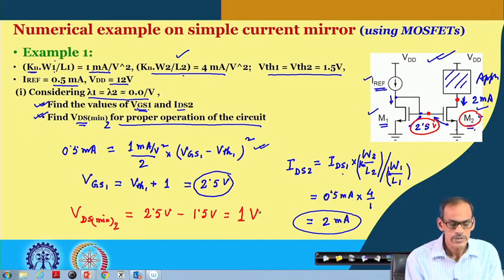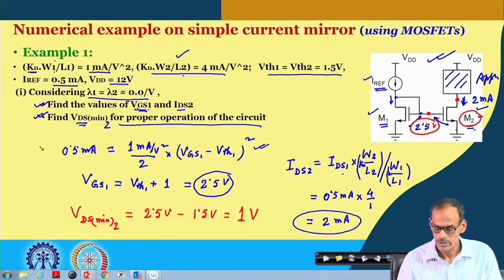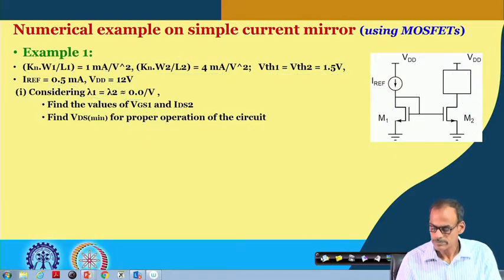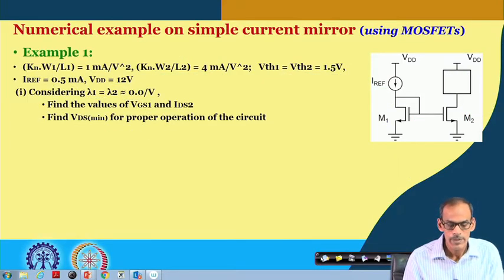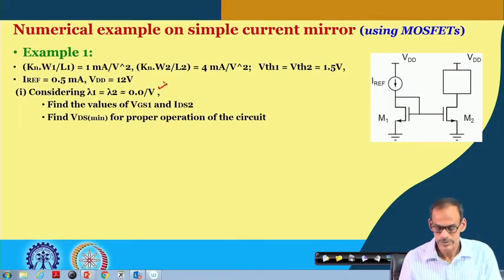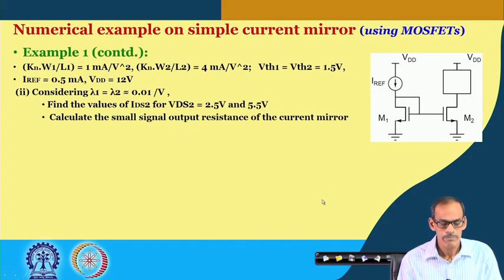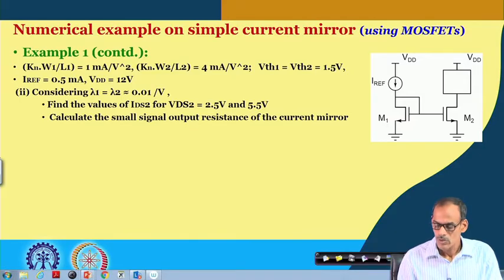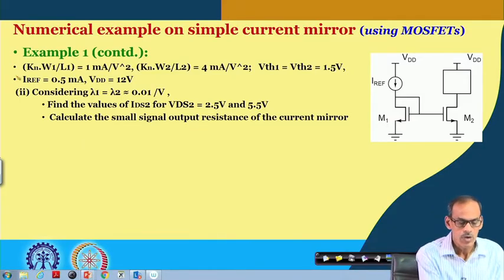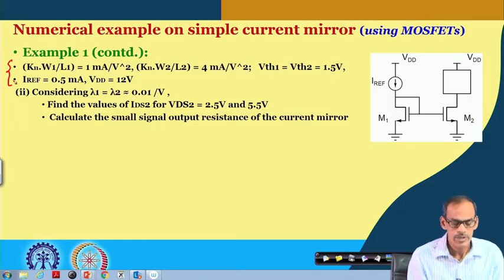Now, let us consider the next part of the same question in the next slide. So, that will be a continuation of this problem, but we can consider some finite value of lambda. So, in the next slide we do have, yeah. What we have here is that all the other parameters remain the same.